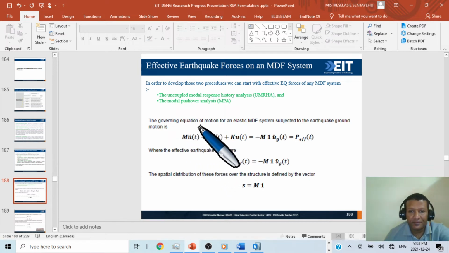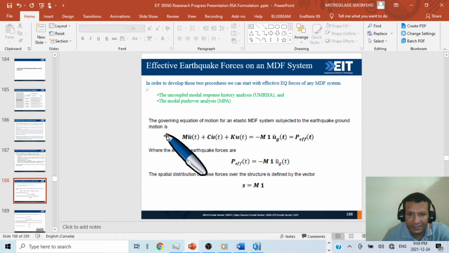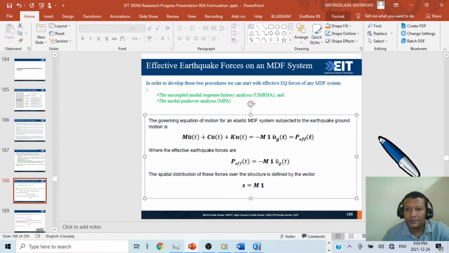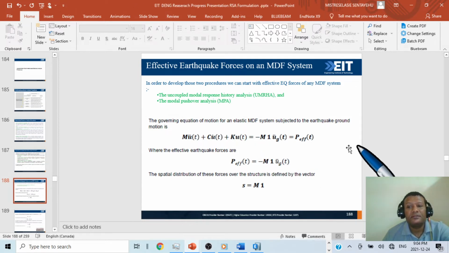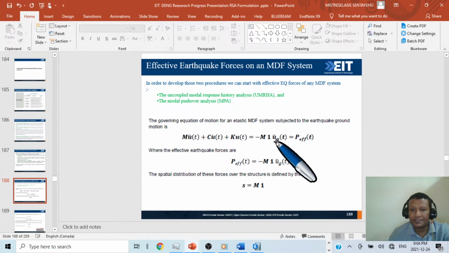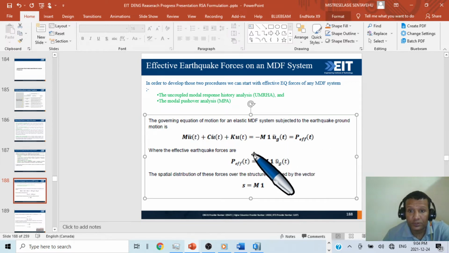This is the governing equation of motion of the elastic multiple degree of freedom system. We have seen this in the formulation of the governing equation of motion in the time history analysis as well as response history analysis, subject to earthquake ground motion.